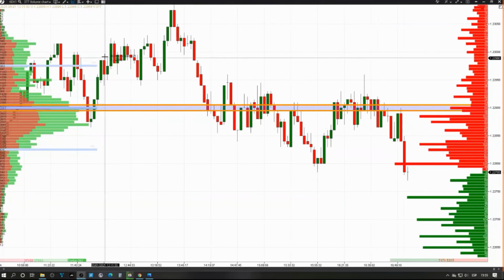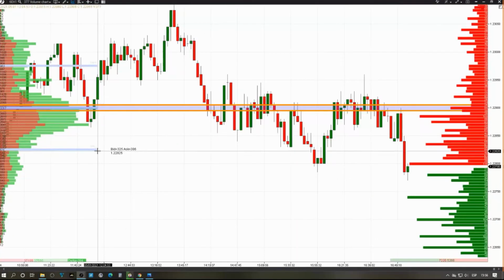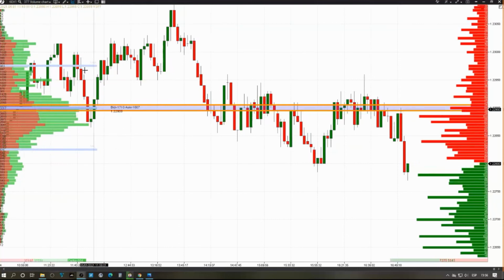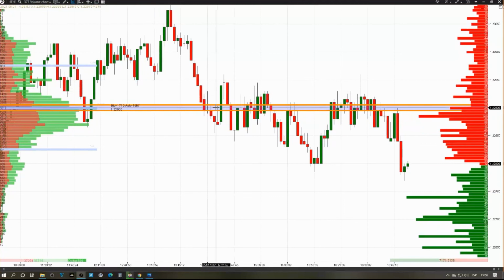You also have the value area high and the value area low, which means that between these two prices here, it happens 85 to 90% of the trade during the day. So everything outside these lines are outside this dense volume area, the 80, 90% of the trades.